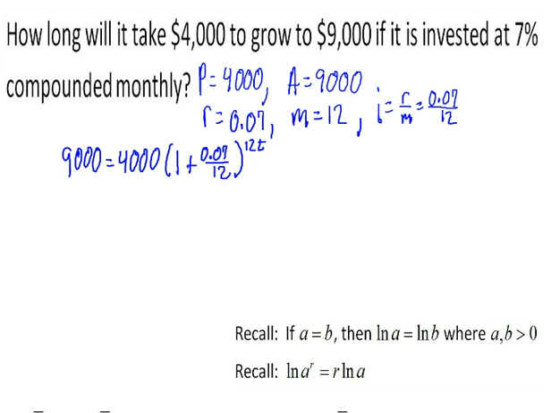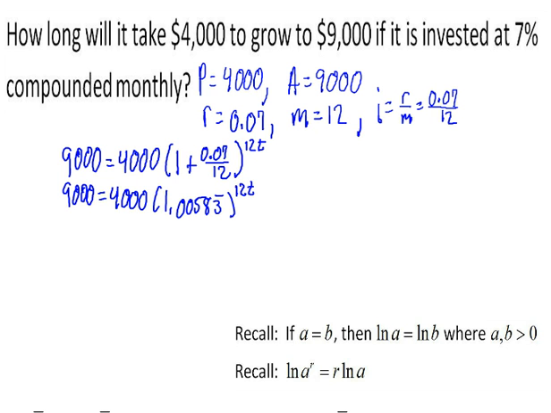So the first thing I'd do is to figure out what's inside the parentheses. So we'd have 9,000 equals 4,000 times, and what's inside the parentheses is 1.0058333 with the 3's going on forever. One thing is, don't round in the middle steps. You have to make sure to carry all the decimal places.